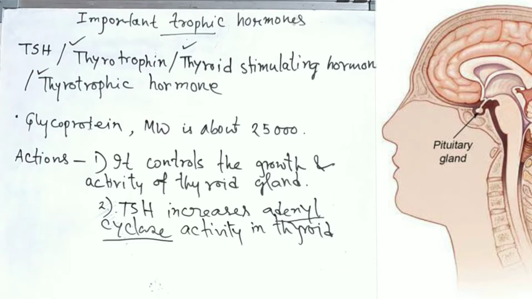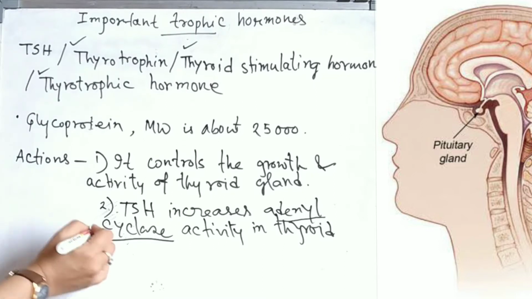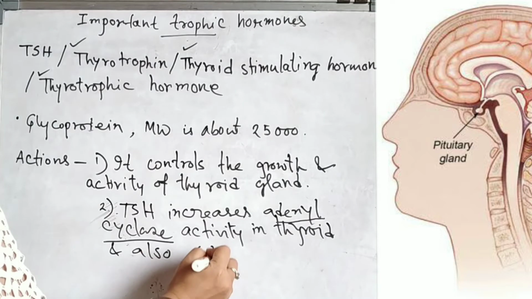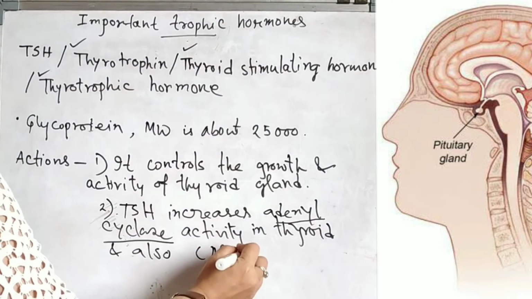Adenyl cyclase is an enzyme, and it also helps in the accumulation of cAMP. cAMP is cyclic AMP.